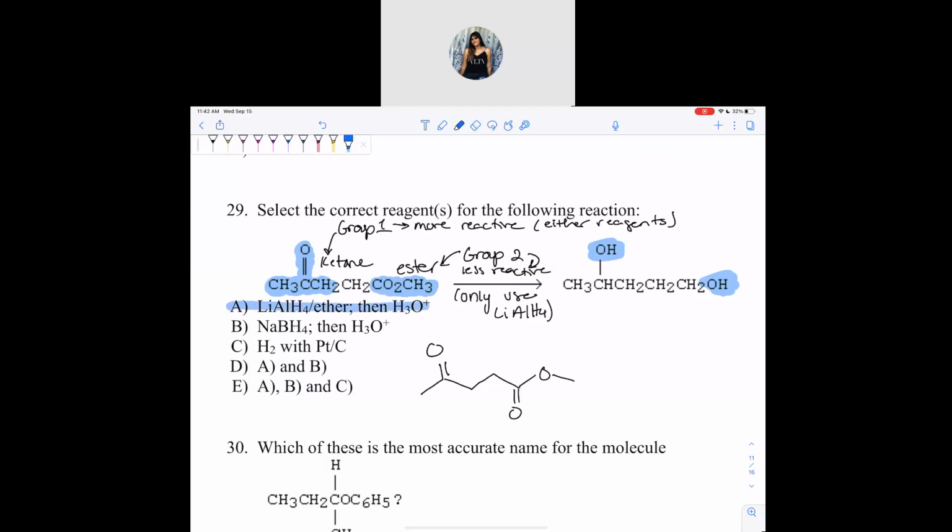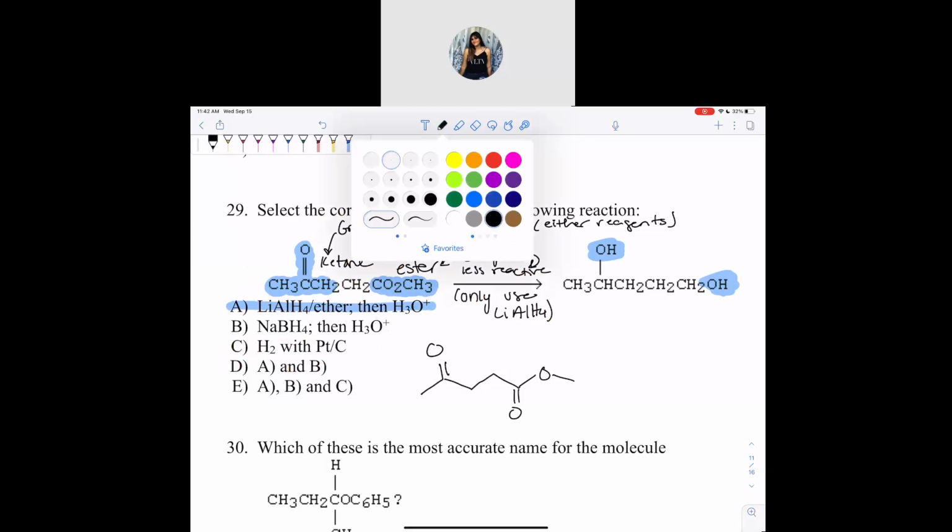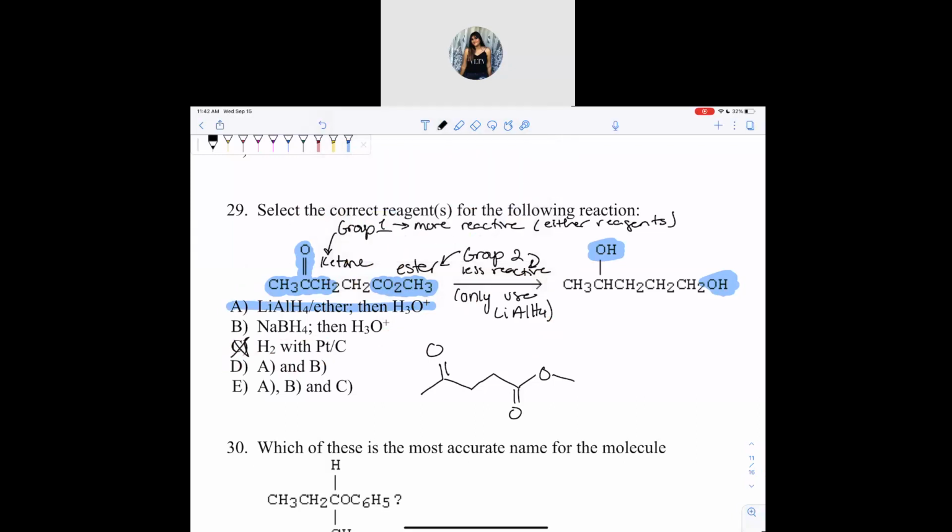So this is the correct answer. If we had only reduced this one and left this one an ester, we know that we would have used NaBH4. And then C is just a trick, just there to distract you. Ta-da! So it's pretty straightforward. You just have to know which reagent does what and which carbonyl does what.